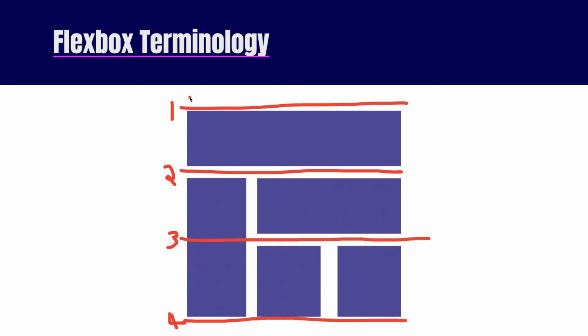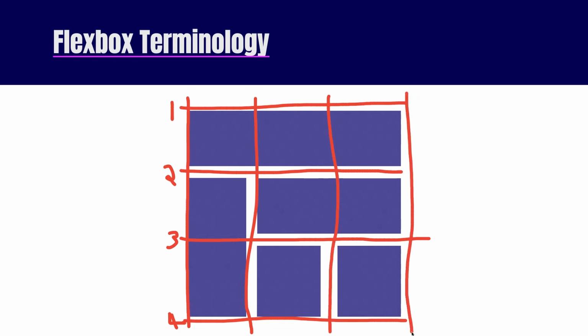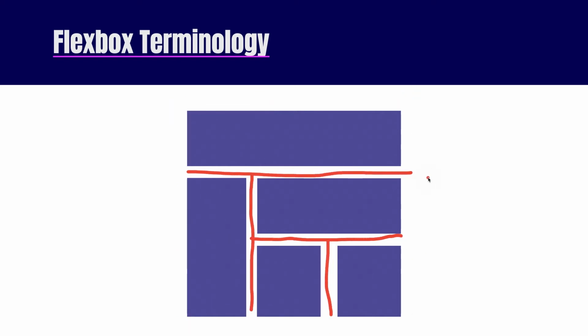Similarly, for columns, you have your 1 starting here, your 2, your 3, and your 4. Finally, between the grid items are these gaps. These are called grid gaps, and you can make them bigger or smaller, or you don't have to have them at all, but they exist.